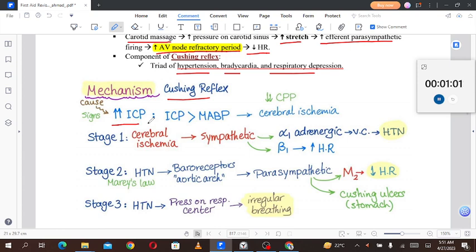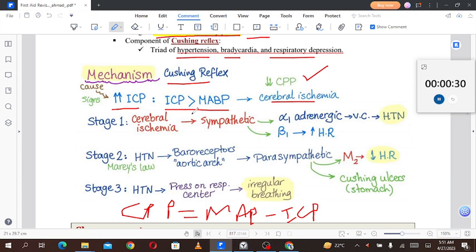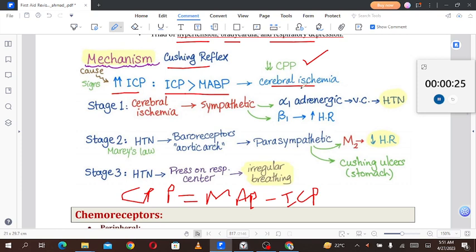Any cause of increased intracranial pressure, such that intracranial pressure is more than the mean arterial blood pressure, will result in a decreased cerebral perfusion pressure and cerebral ischemia, because cerebral perfusion pressure, CPP, is equal to mean arterial pressure minus intracranial pressure, ICP. If the ICP is more than the mean arterial blood pressure, the cerebral perfusion pressure will be decreased. So there will be cerebral ischemia.